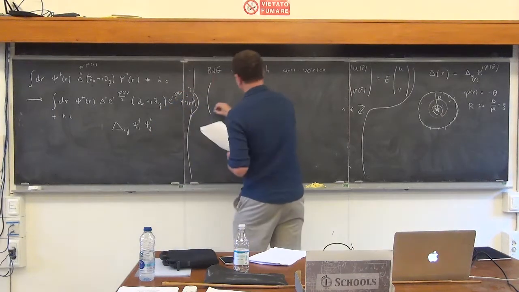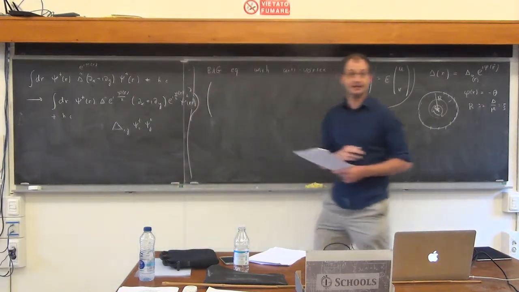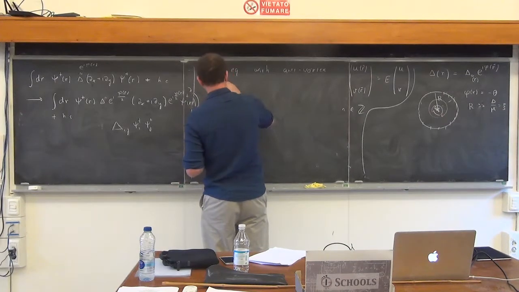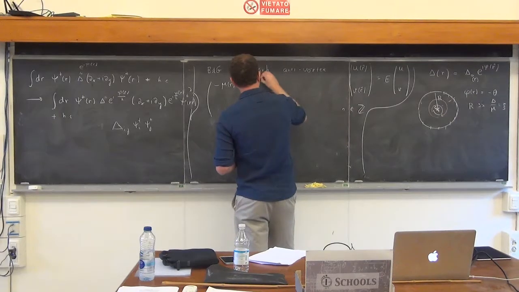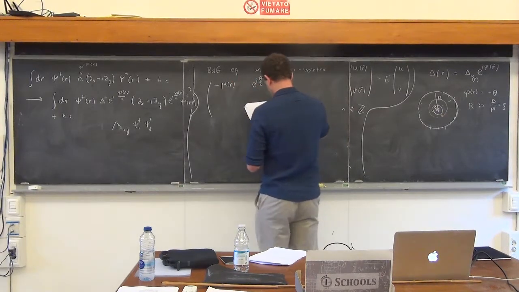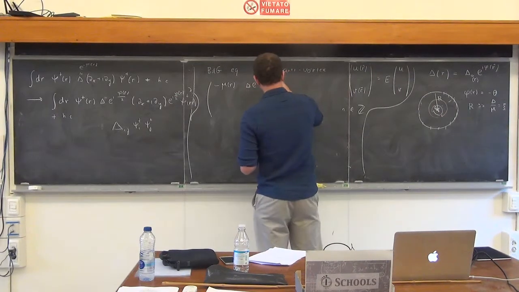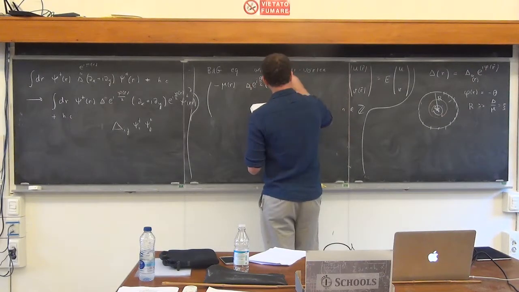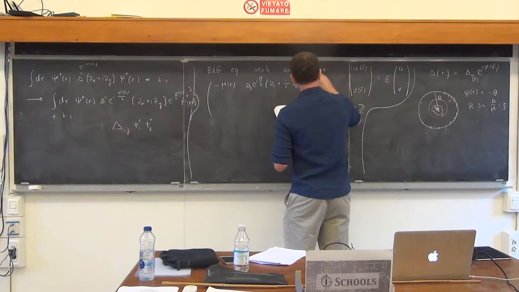Let me write the BdG equation in the presence of the vortex, where this e to the i phi is just minus theta. So I get an equation which is very similar to what I had before, but I just get these extra phase factors in the pairing term. So there's an e to the i theta here, delta, which is constant, let's call it delta naught, times d r plus i over r d theta, times e to the minus i theta over 2.